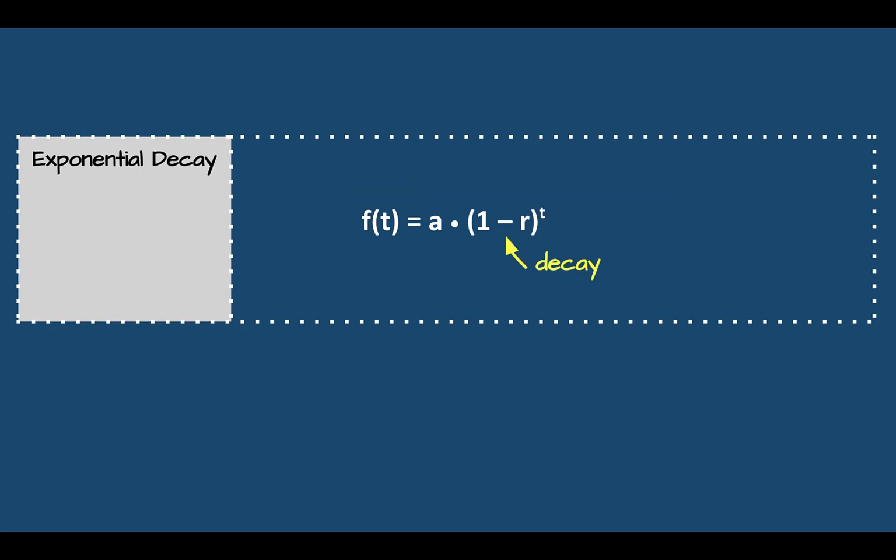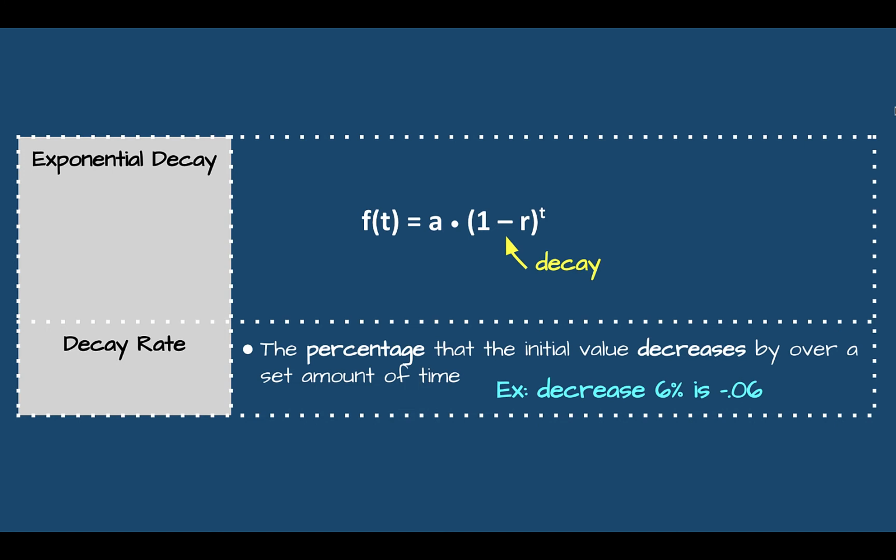The exact opposite of exponential growth is exponential decay, and the only difference is instead of a plus in our formula, it is a minus. So when you see problems with decay where the population or total is going down over time, then use a subtraction sign. Just like the growth rate, we also have the decay rate, where it's the percent that the initial value is decreasing over time.